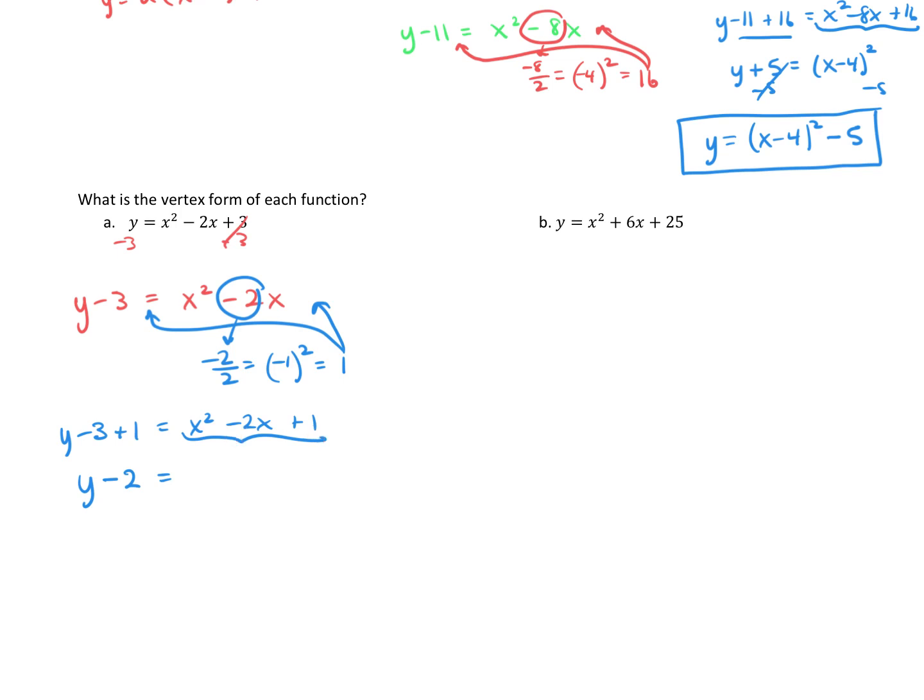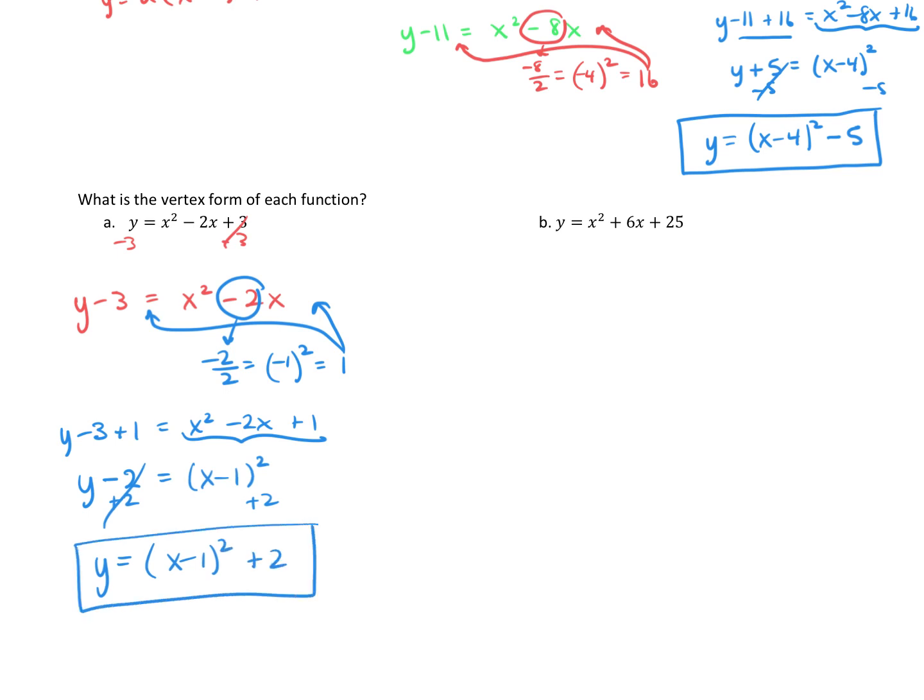That's going to be negative 1 and negative 1, so x minus 1 squared. And then last up, we're just going to add 2 to get y equals x minus 1 squared plus 2. Vertex form. And we could take that a step further. If someone said, well, what is the vertex? It would be positive 1, positive 2 for that function.